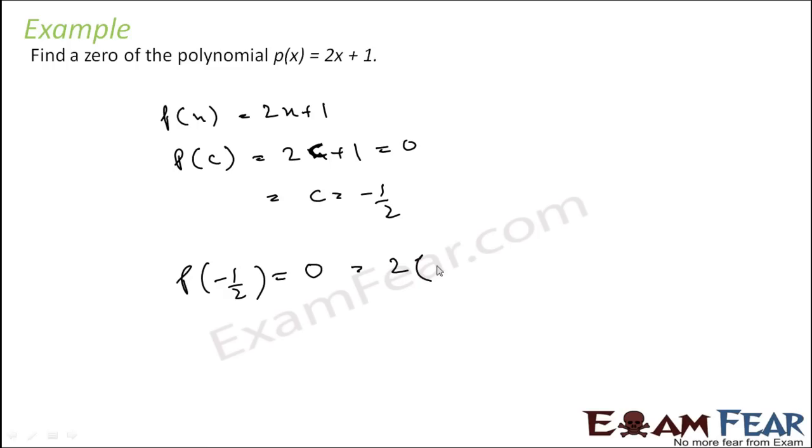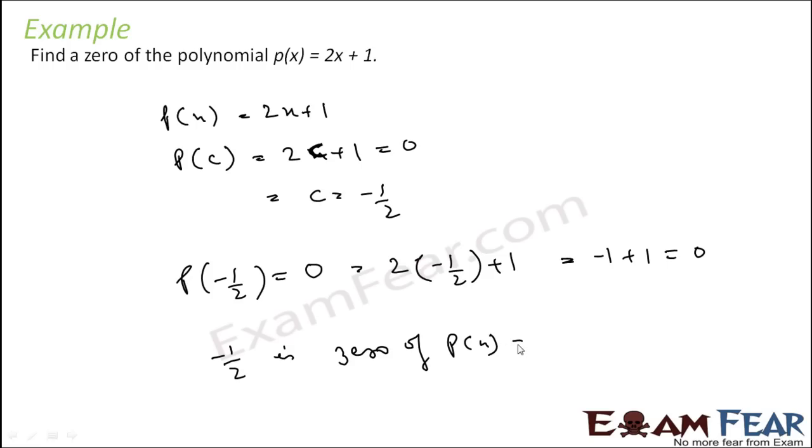I can show you once again. Replace x with minus 1 by 2: 2 times minus 1 by 2 plus 1, that is nothing but minus 1 plus 1, that is 0. So minus 1 by 2 is a 0 of p(x) equal to 2x plus 1. So for this polynomial, minus 1 by 2 is the 0. Okay.